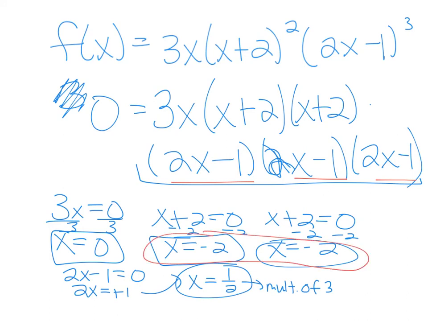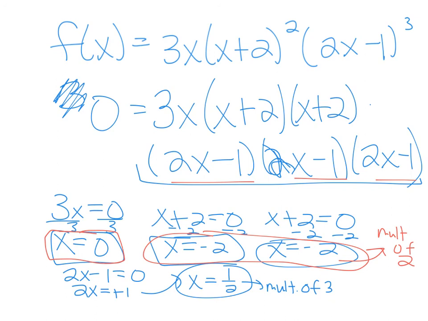Now, this x equals negative 2 has a multiplicity of 2 because it occurs 2 times, and x equals 0 only occurs once, so I guess you could say it has a multiplicity of 1, but it's kind of odd to say multiplicity of 1 when the word multiplicity means multiple and there isn't a multiple of x equals 0.